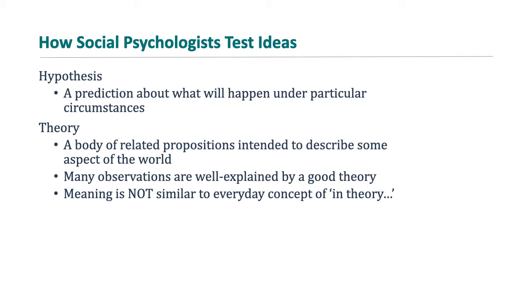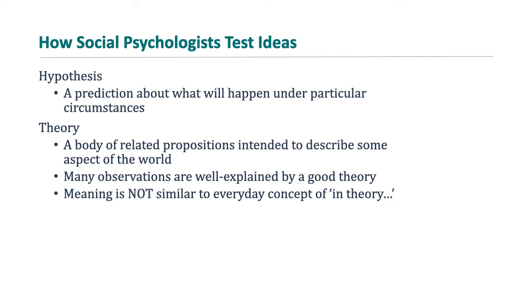And then theories. Now, theories are things that we tend to, in everyday life, think of as loose and flexible, almost meaning it's not true. But that's actually not the meaning we intend in our scientific world. The meaning is not, well, in theory that's what happens, but that's not what really happens. That's not how we think of it.